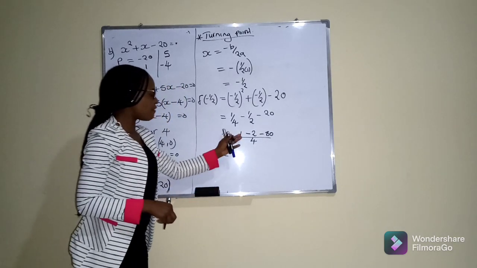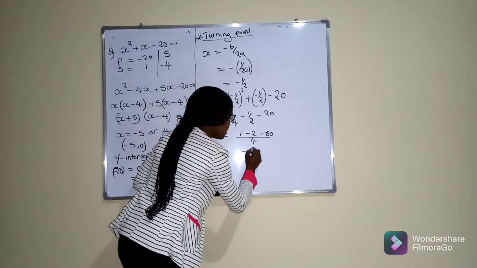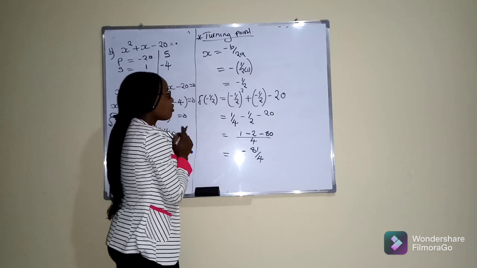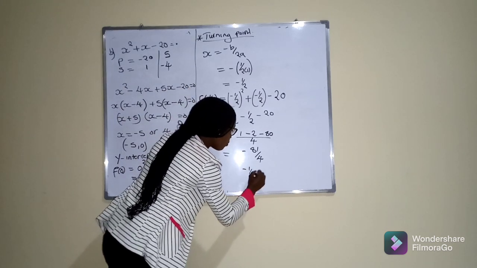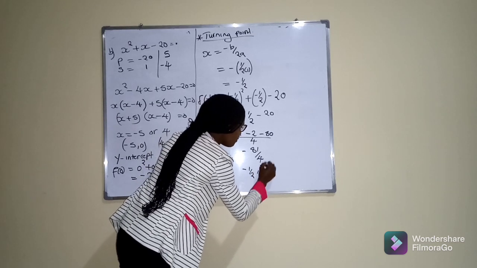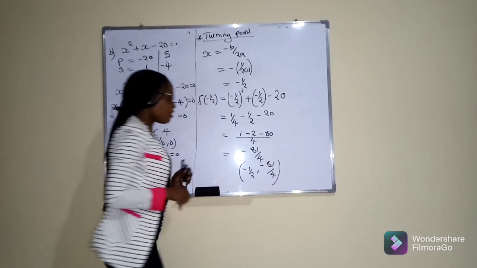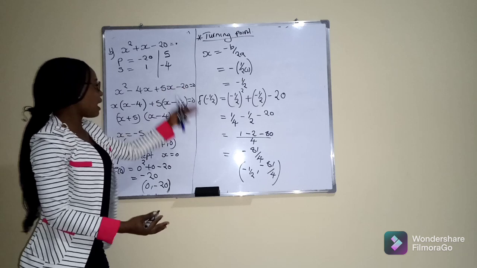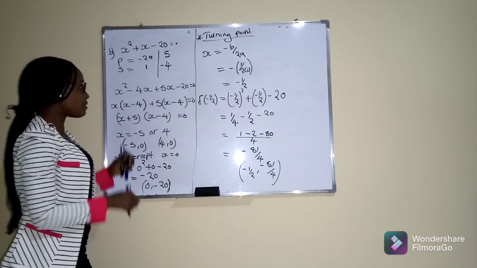Okay, so we have 1 minus 2 minus 80, which is giving us -81 over 4. And from here, we can now conclude that our turning point is -1 over 2, -81 over 4.